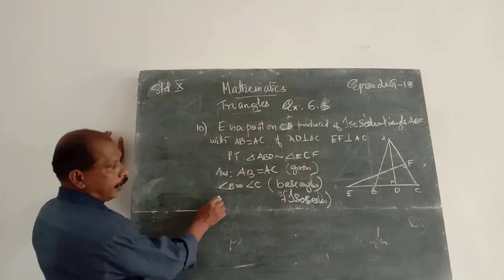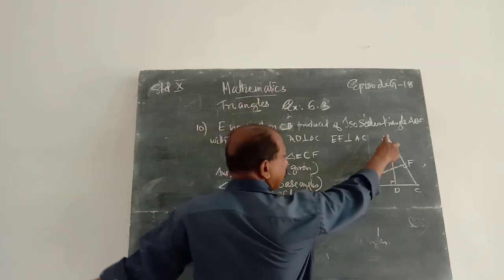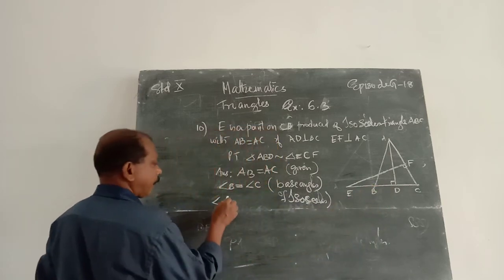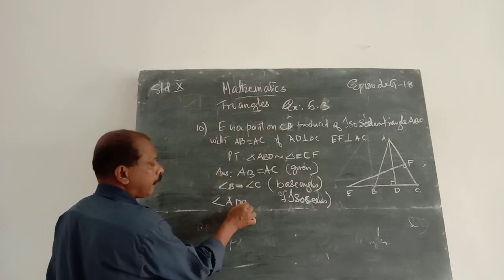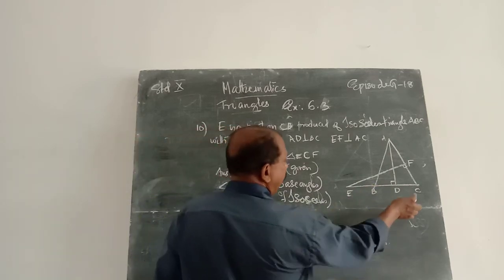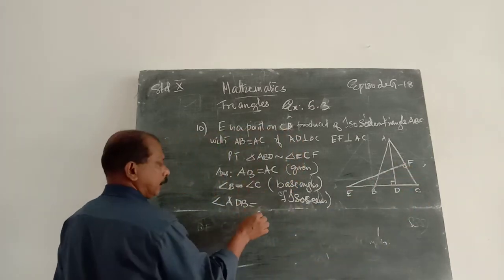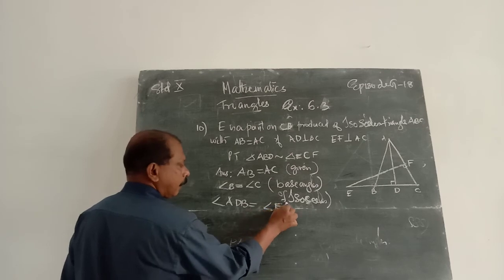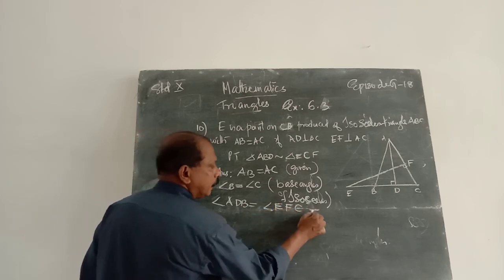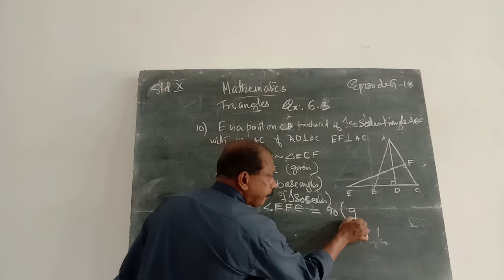And angle ADB is equal to angle EFC, equal to 90 degrees. That is given.